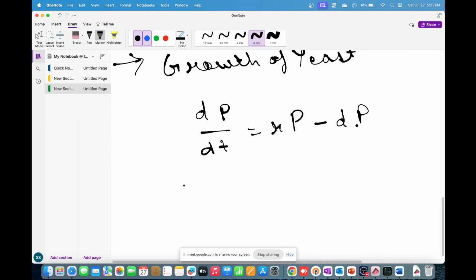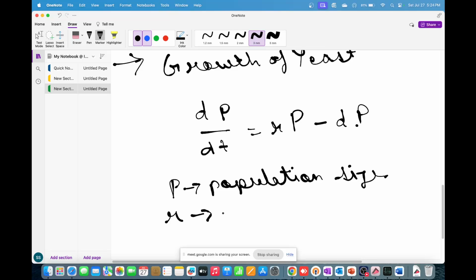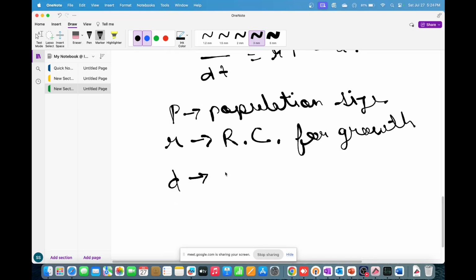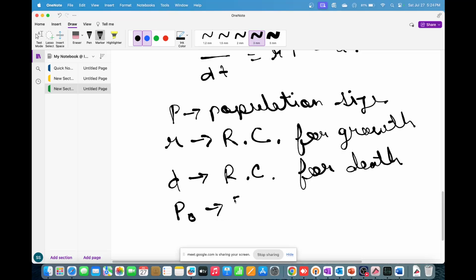Okay, and here p is the population size, r is the rate constant for growth, d is the rate constant for death, and say assume p naught is your initial population.